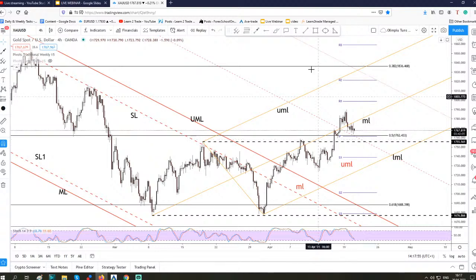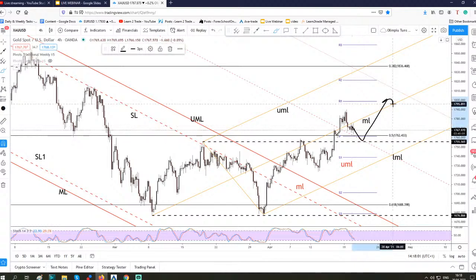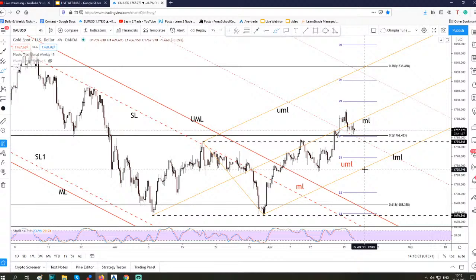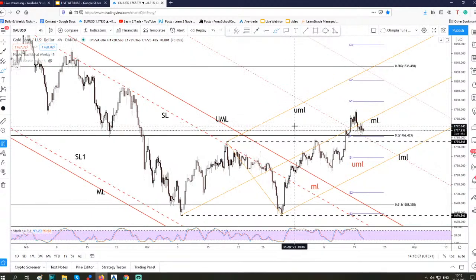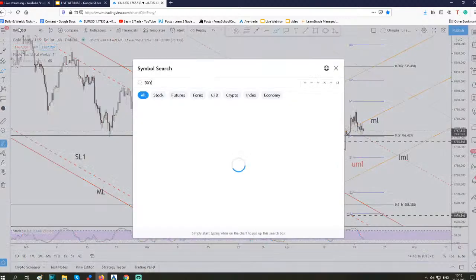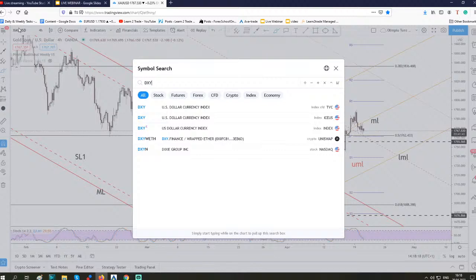Okay guys, so even if the price will retest this, then it could continue to increase. And personally, I believe that the price of gold could continue to increase in the upcoming period, also because the US dollar could continue to drop.